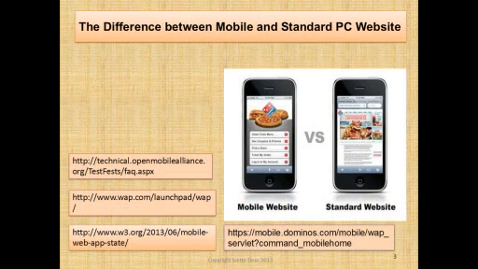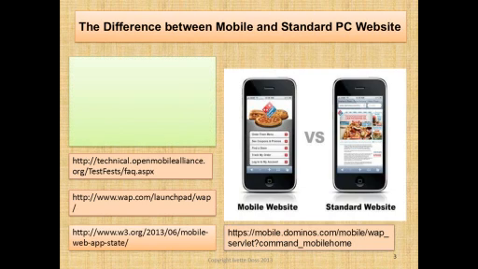Okay, so here is an example of a mobile website and a standard website. What is this for? The difference between a mobile and a standard PC website. First, a mobile website is always reducing and simplifying content.